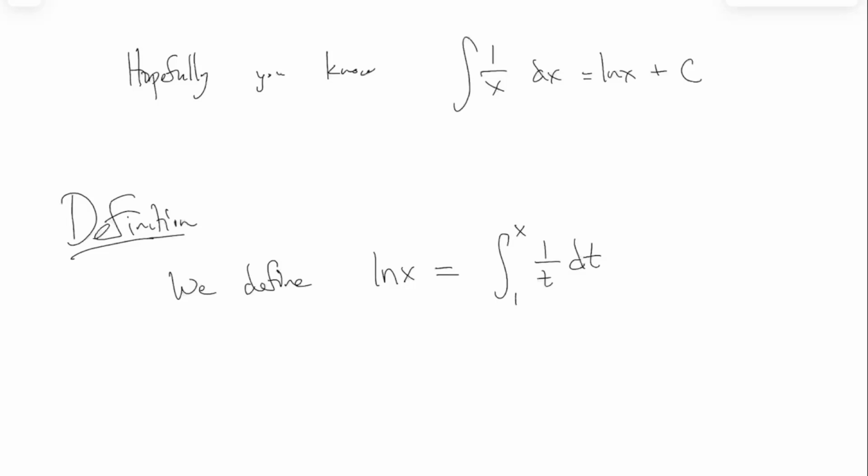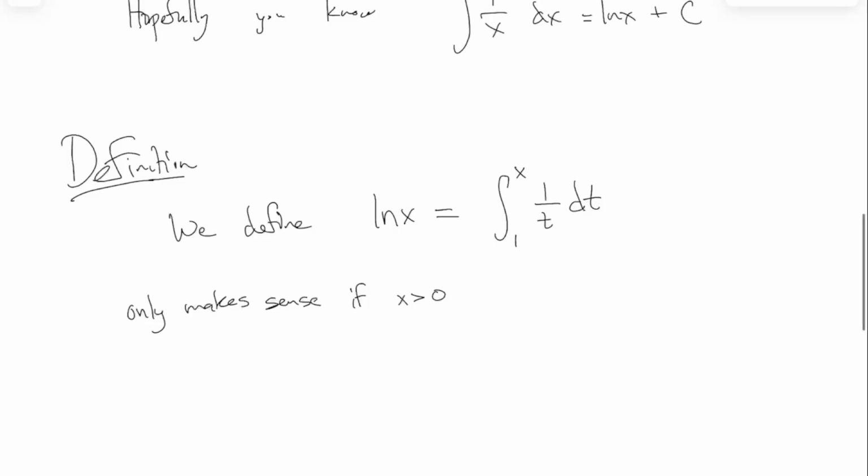This is weird, but you can draw a picture of what that is. It is a specific area under a curve, and in particular, it is this curve, 1 over t, all right? Now, I will just say this only makes sense if x is greater than 0, and you'll see why.